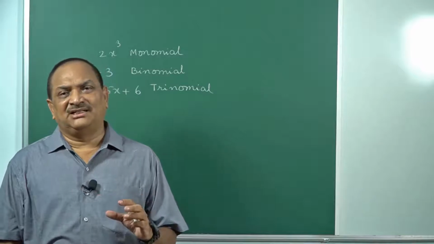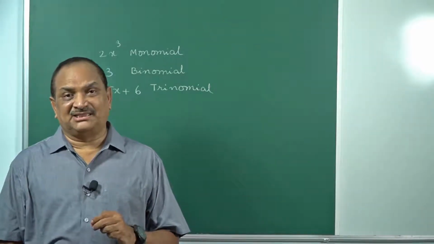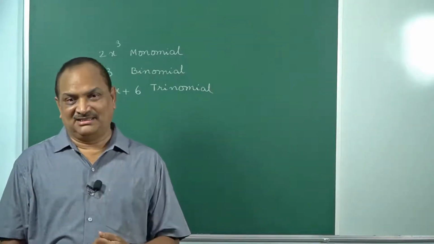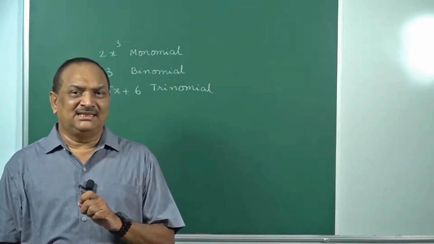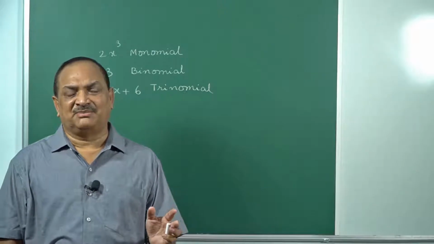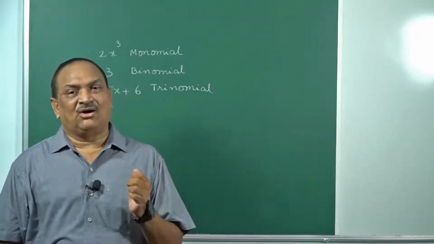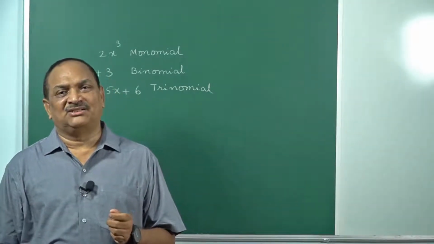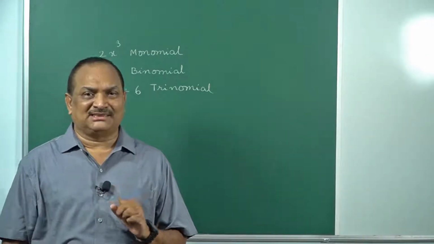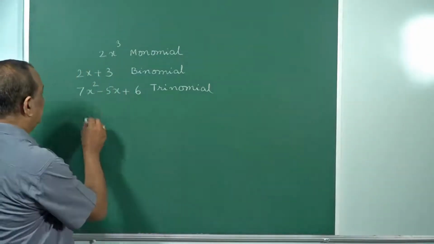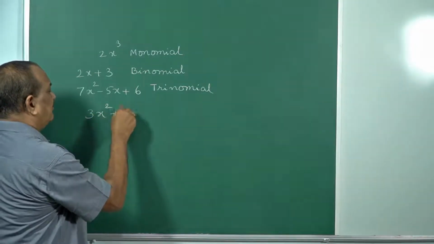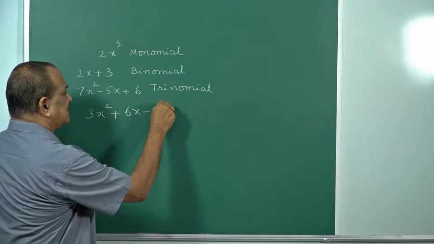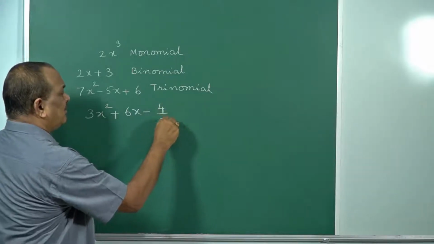Whatever expression you are given, an algebraic expression, can you call it a polynomial? The answer is a clear no, because a polynomial is precisely an algebraic expression in all the cases, but all algebraic expressions, you don't call them polynomials. I just give you one example for this. Say if you write 3x square plus 6x minus something like 4 upon x.